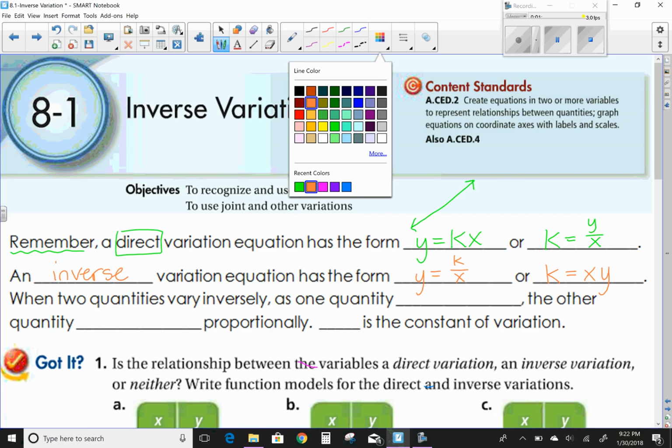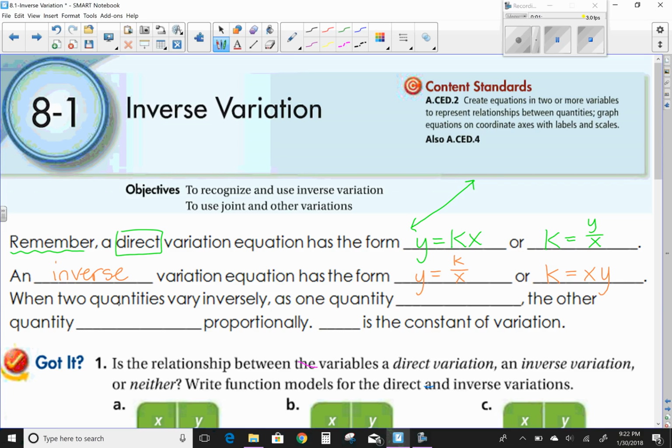The difference now with inverse variation is when two quantities vary inversely, as one quantity increases, the other quantity decreases proportionally, and k is called the constant of variation.